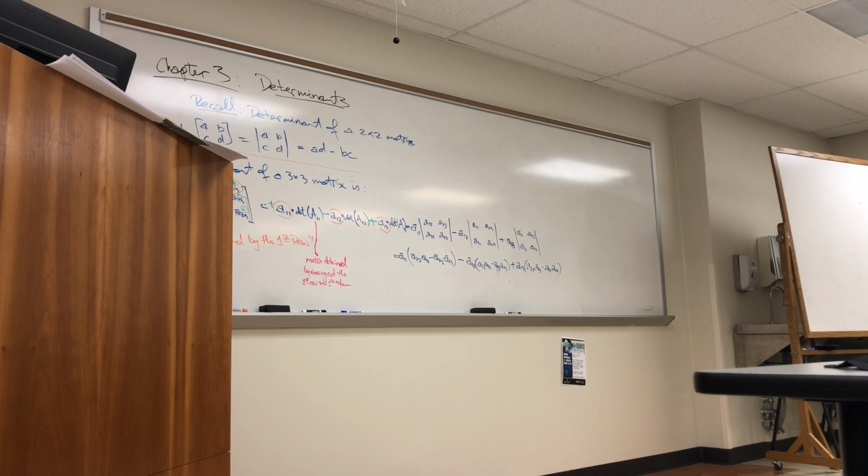If there's a row of zeros, the determinant is zero, and then you're done. You don't even have to mess with it. You actually want to pick the row of zeros to find your determinant. You want to pick the row with the most zeros, if there is one.